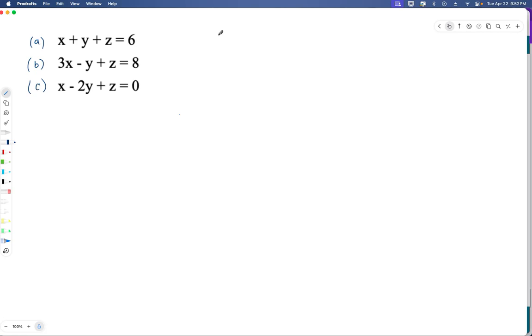So let's do A and B. X plus y plus z equals 6. 3x minus y plus z equals 8. These cancel. 4x plus 2z is equal to 14.